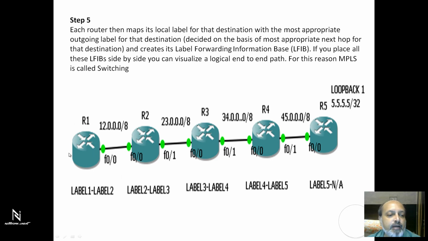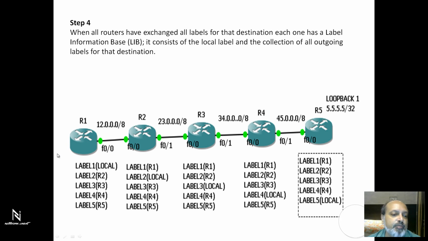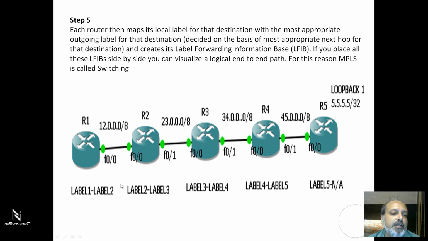So now what happens? Each router will be mapping, or rather creating a relationship between its local label and the most appropriate outgoing label. See, R1, if we consider the previous picture, for R1 this label 1 was the local label, whereas labels 2, 3, 4 and 5 were all outgoing labels. But in this diagram, the local label is related with label 2.